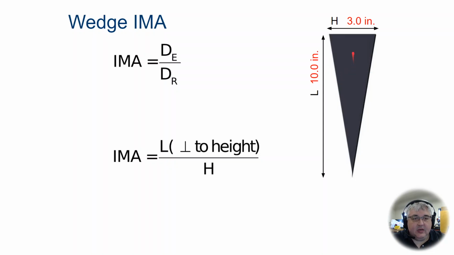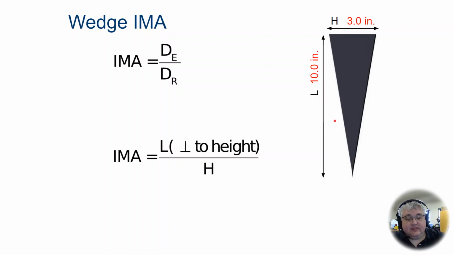We're measuring the perpendicular, so 90 degrees to the height. Height is how wide or tall, however it works in your brain. We turn it on the side, it makes sense for height. In this case, in my brain, it makes sense for width, whatever works for you. But then the perpendicular distance, that's the 90-degree distance.